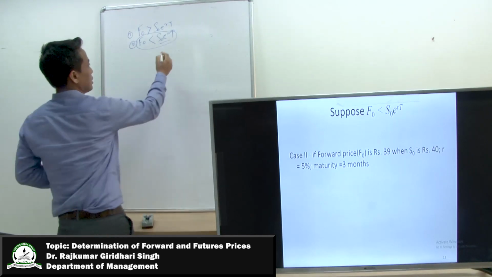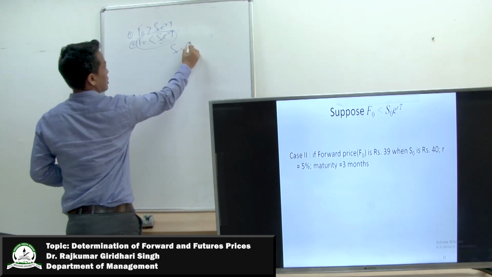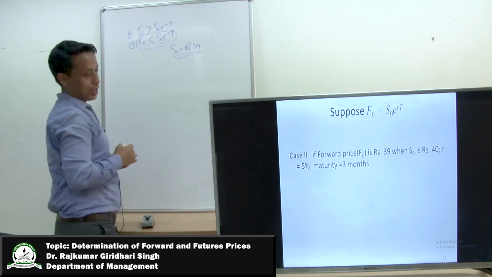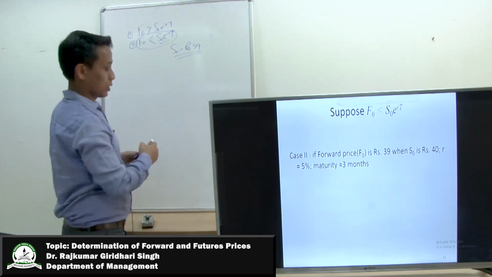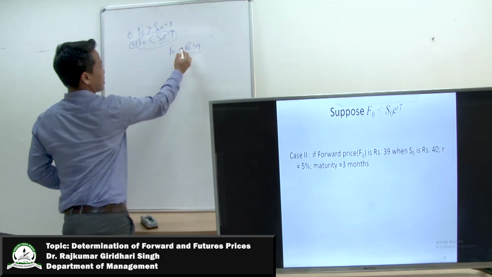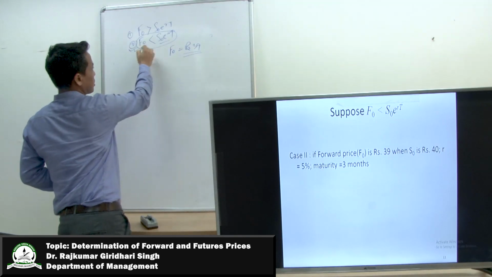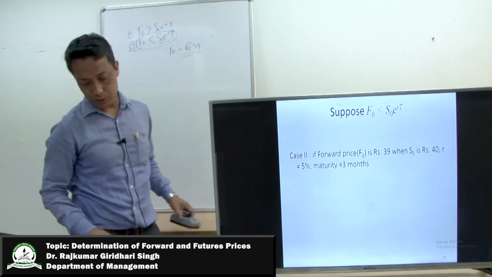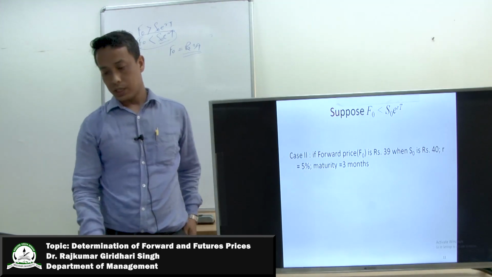Here they have given the price as rupees 40, and the forward price is rupees 39. So this is case number 2, where your spot price is more than your forward price. In this case also we can earn an arbitrage profit. Let's work it out.